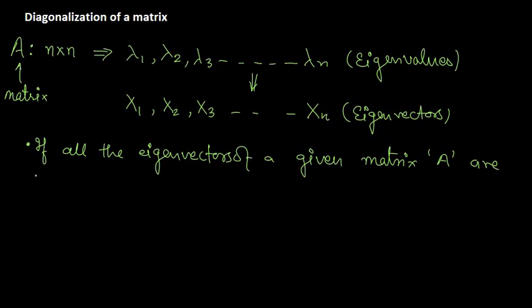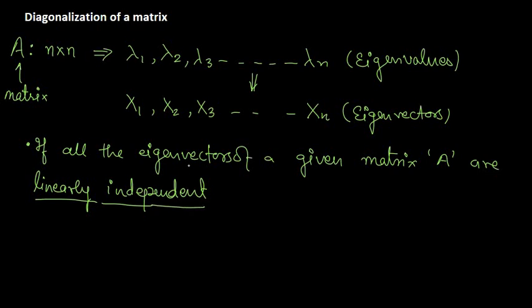There is a condition: if all the eigenvectors of a given matrix A are linearly independent, then the matrix can be diagonalized.